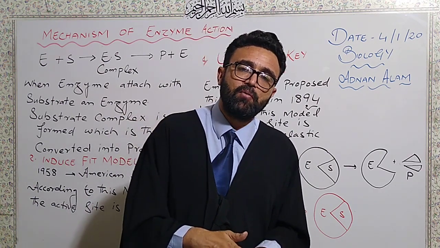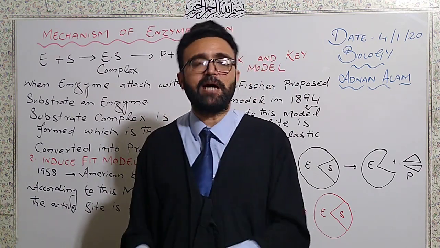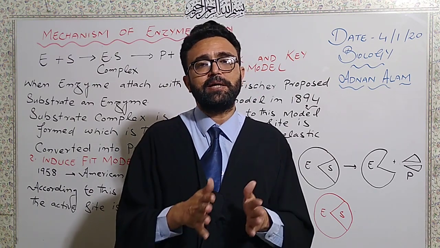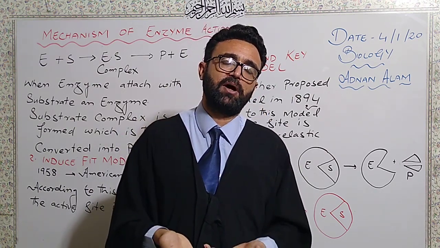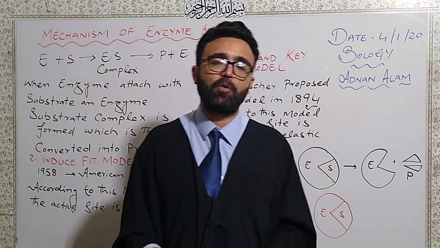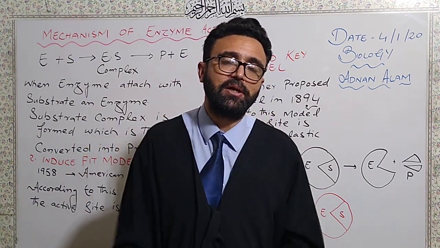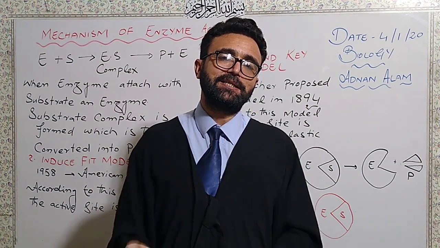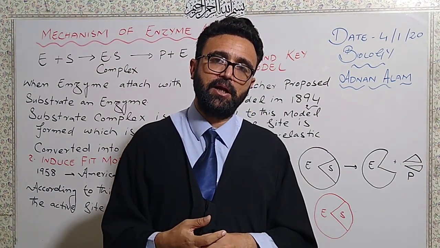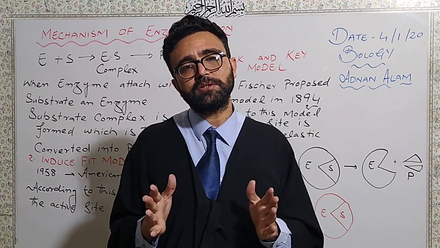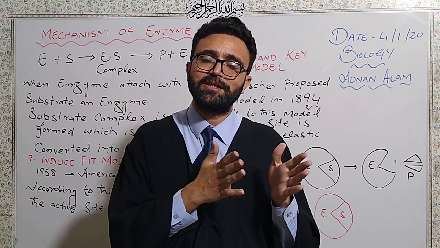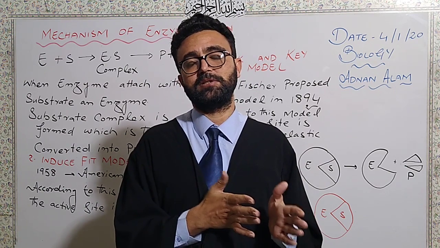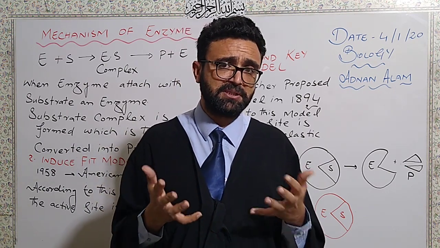Amylase enzymes will work only on starch. DNA polymerase enzymes will work only for DNA replication. RNA polymerase enzymes will work only for the synthesis of messenger RNA. So dear students, every enzyme is specific for its specific substrate. This is called enzyme specificity.